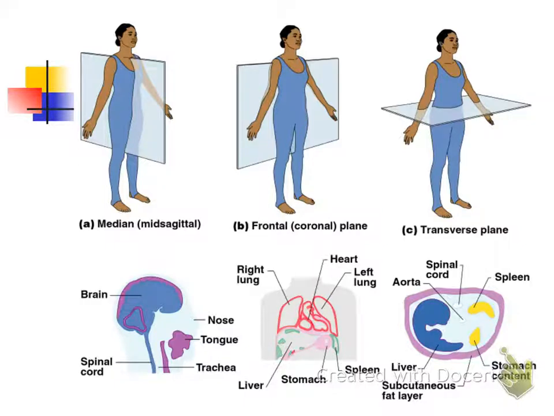Notice that the picture on the left on the bottom is the brain. Brain, looking from different views, could have significantly different looks. Same thing with this middle picture on the bottom. That is the picture of a chest, and seeing it from the coronal view, which is the division of the front and the back, looks a lot different from the one on the right lower half where it shows the transverse plane, and notice that it looks quite different.